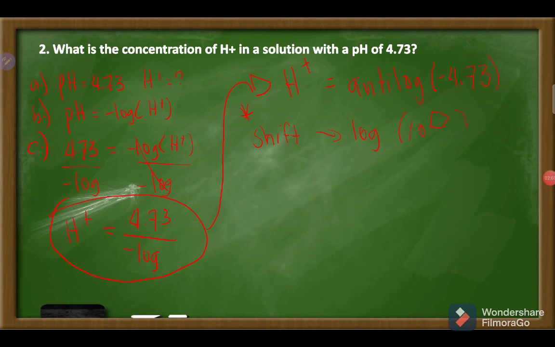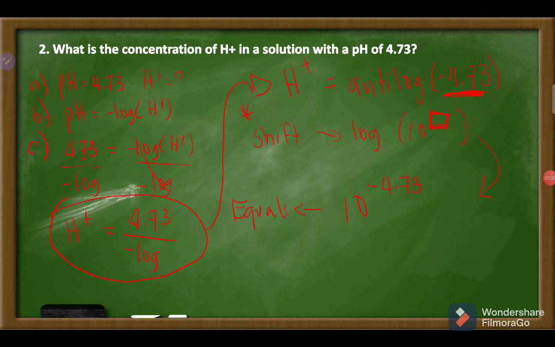In the box on the upper right, you're going to input negative 4.73. So, if you input that in your calculator, we have 10 raised to negative 4.73. Then you now press equals.